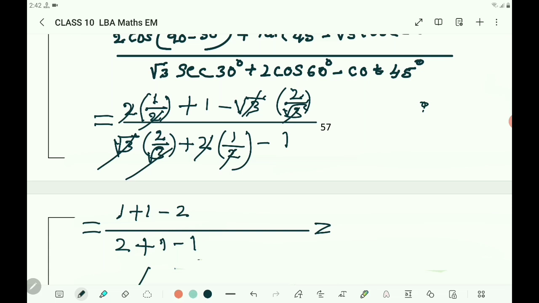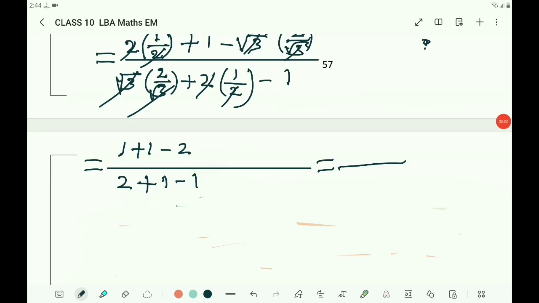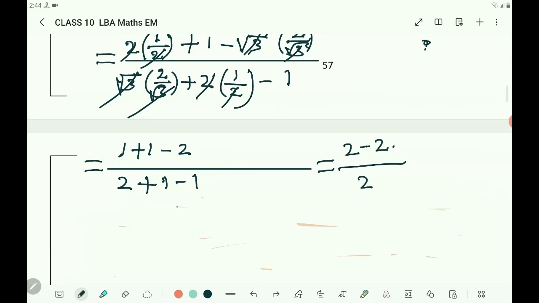That equals 1 plus 1 minus 2 is 1 plus 1 is 2 minus 2, and here 2 plus 1 is 3. 3 minus 1 is 2. 2 minus 2 is 0. Got 0 by 2. That is equals to 0.